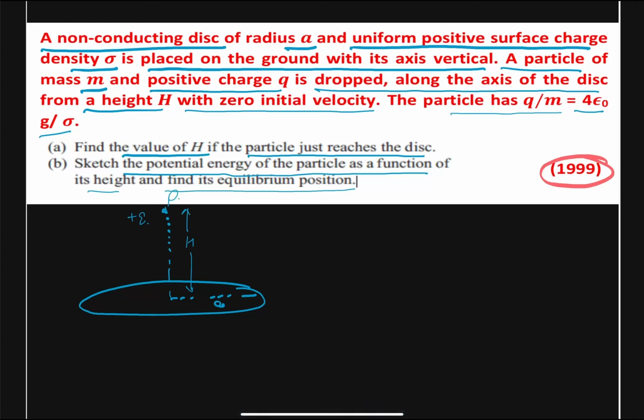Let us call this point P, and this is our center O. And we have to remember that the surface charge density of this disk is also positive, and the charge that is being dropped is also positive.